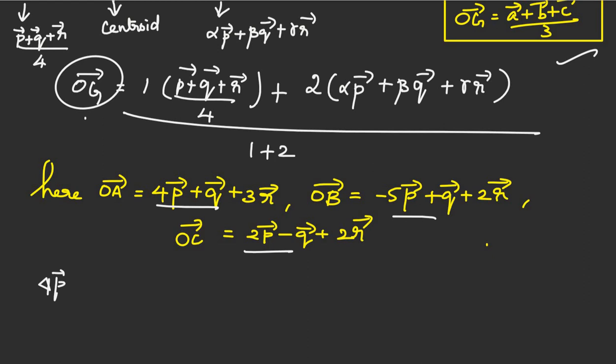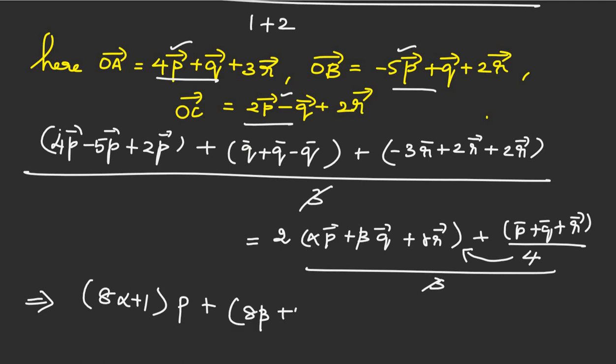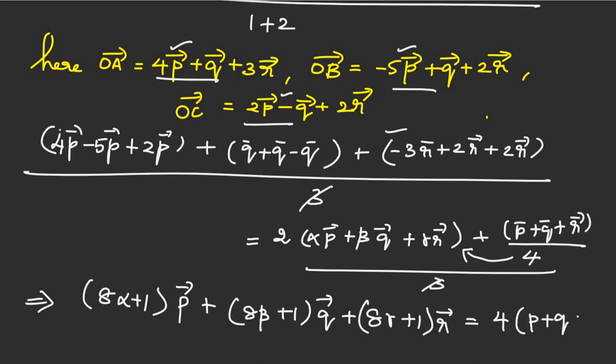Which implies 2 times (8 alpha plus 1) P plus (8 beta plus 1) Q plus 8 times (gamma plus 1) R will be equal to 4 times the right hand side, that is 4 times (P plus Q plus R).